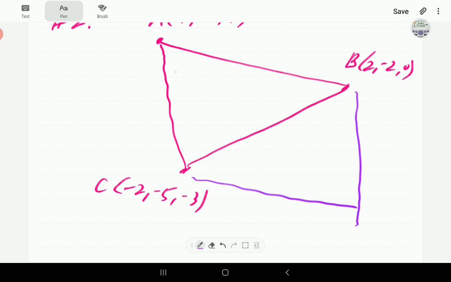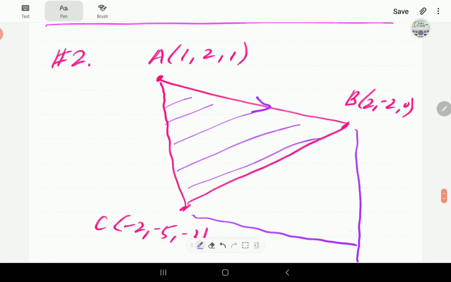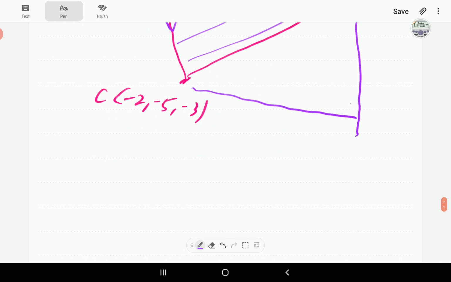But of course the area of the triangle we're interested in is simply going to be half of the area of the parallelogram. So if we express this as a vector, so that could be vector AB, and then this could be vector AC.